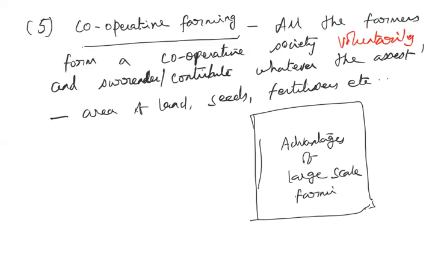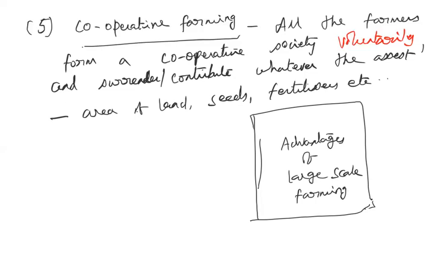So instead of each and every individual farmer cultivating with limited assets and limited capacities on tiny pieces of land, if all of them jointly cultivate together in one big area, the yield will become better. And whatever the yield, it is shared and distributed according to the area surrendered by the farmers.